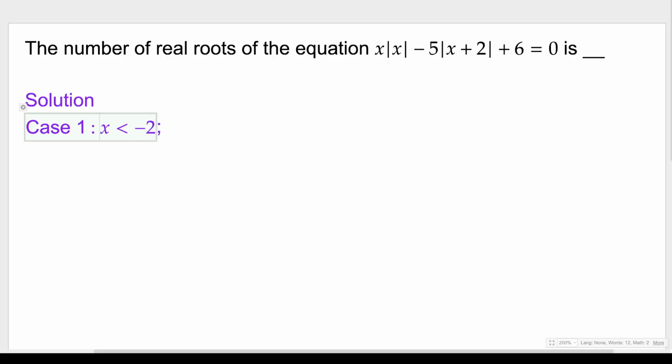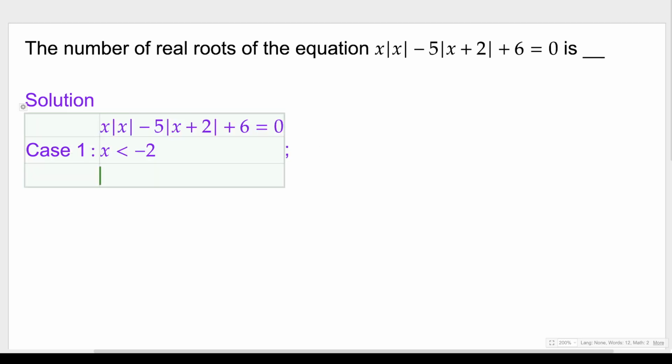when x is less than negative 2, definitely this will expand as 5x plus 10, and this absolute value of x can be written as negative x. So this will effectively become negative x square. Let me write the equation here.